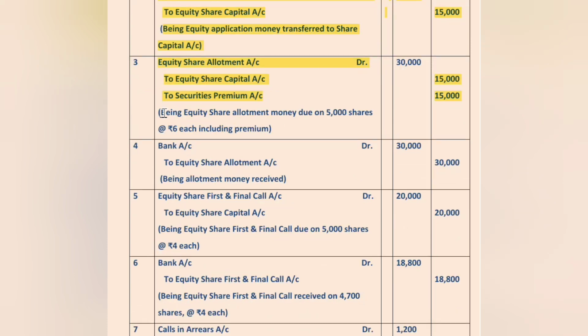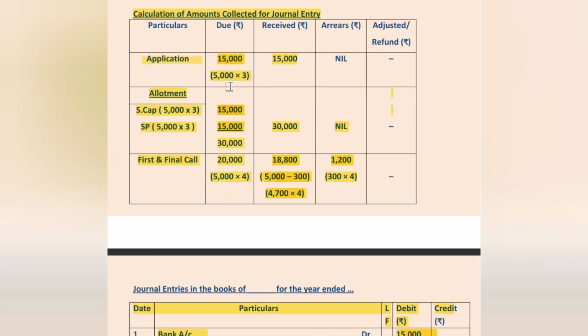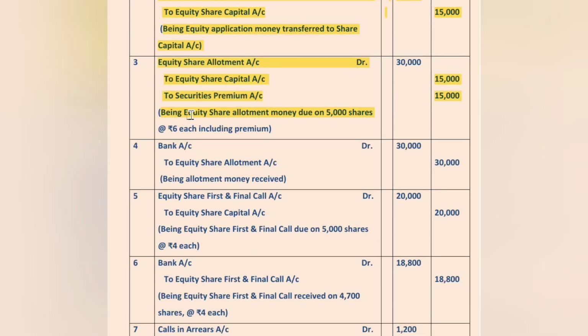Being equity share allotment money due on 5,000 shares, total 3 plus 3 is 6 rupees, 5,000 shares at rupees 6 per share including premium, like that we have to write. So adding 15,000 and 15,000, we get 30,000 rupees total equity share allotment.